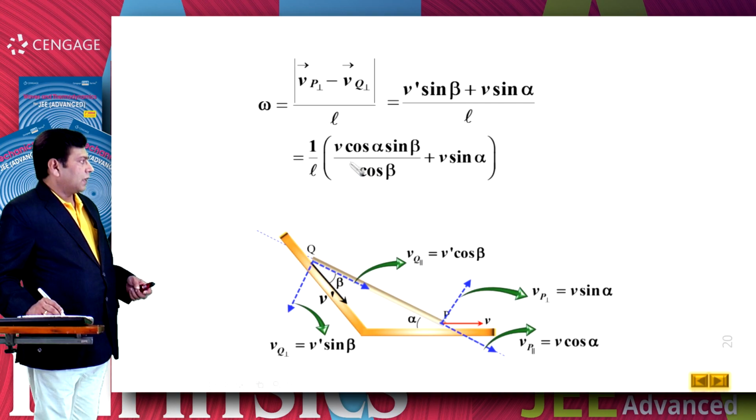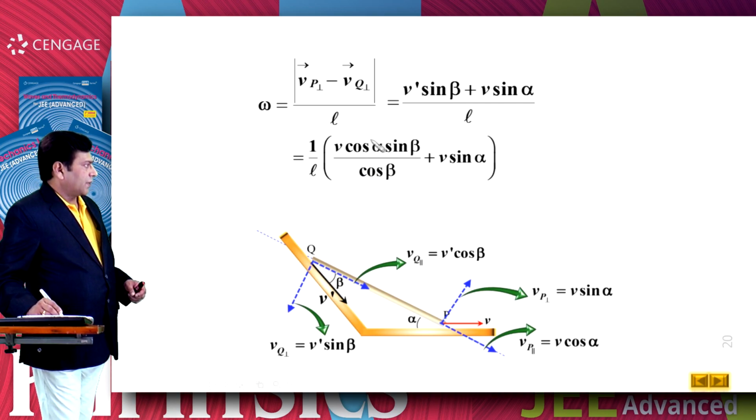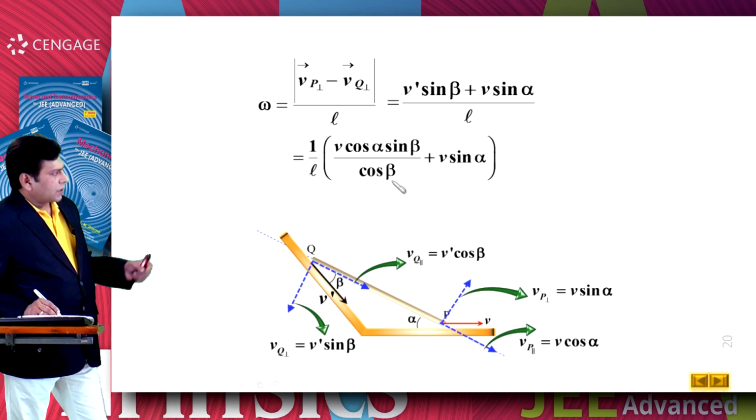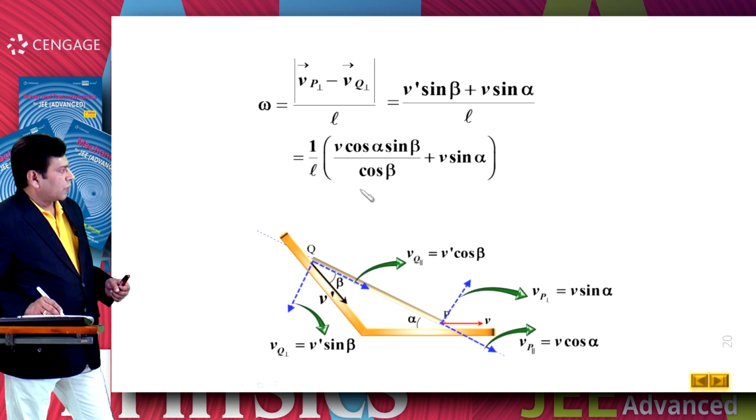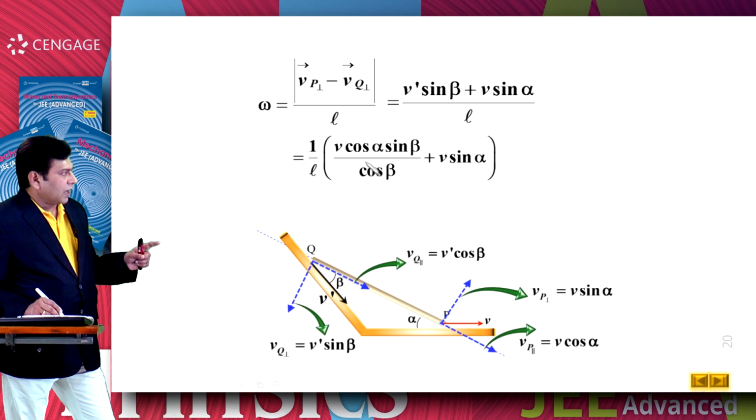Now we can write like this. This is the value of V dash. Now we can solve this equation. We can take cos beta as common and take V also as a common. So this relation will be equal to V divided by L, and in bracket cos alpha sin beta plus sin alpha cos beta and overall divided by cos beta.